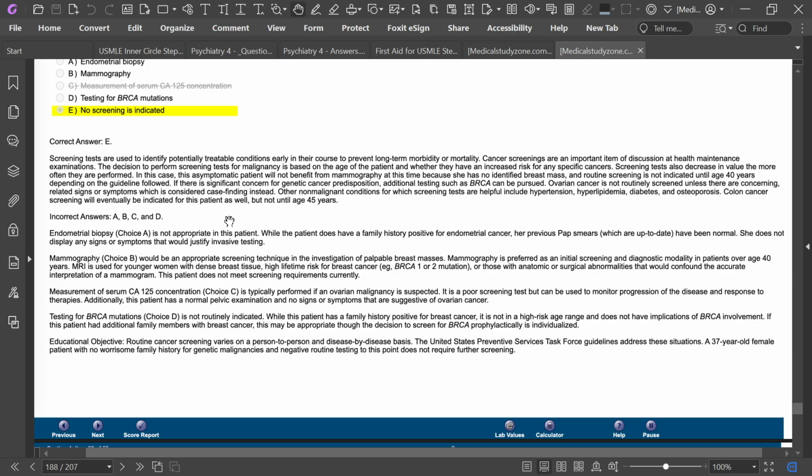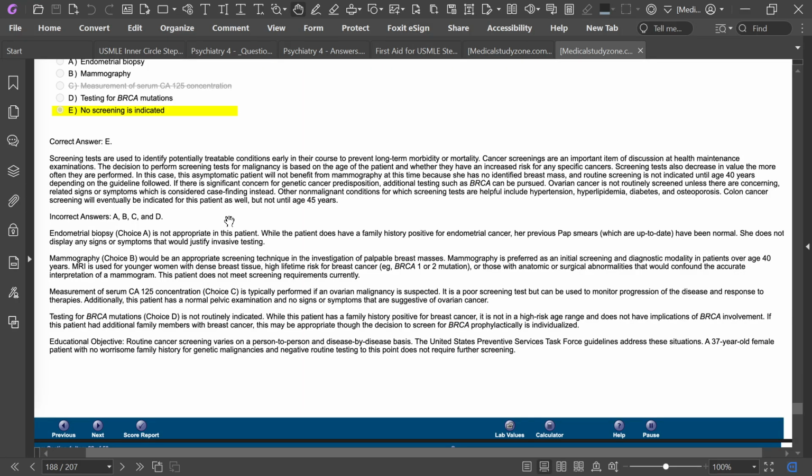The decision to perform screening tests for malignancy is based on the age of the patient and whether they have increased risk for any specific cancer. Screening tests also decrease in value the more often they are performed.